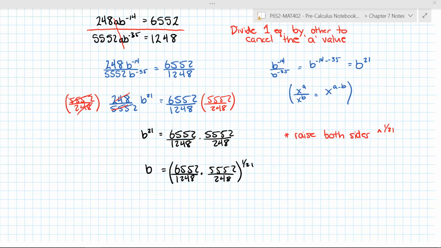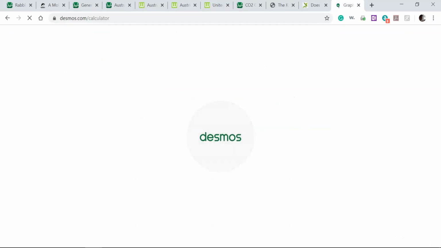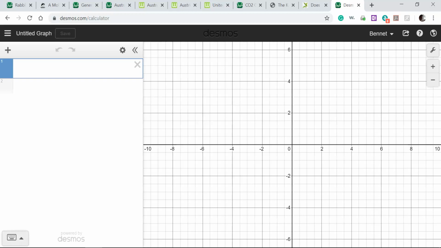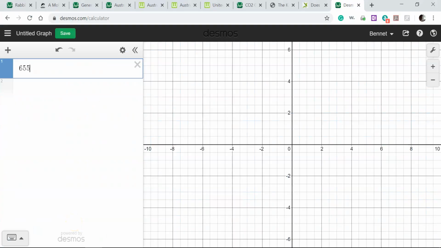Go to Desmos here. Open up a new one. So I had in there, better make sure I get this right, 6552 divided by 1248 times 5552 divided by 248, all raised to the 1 over 21st power.